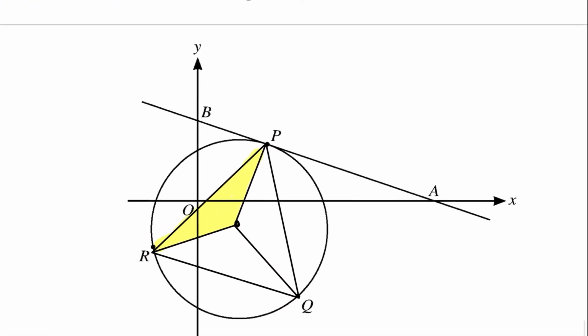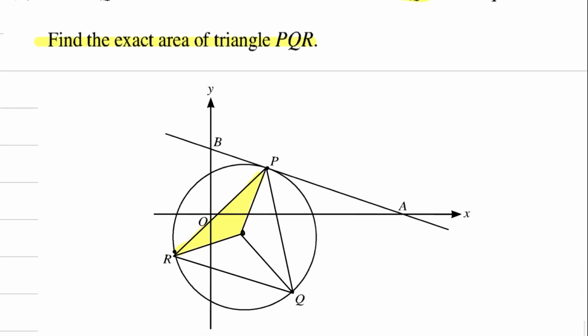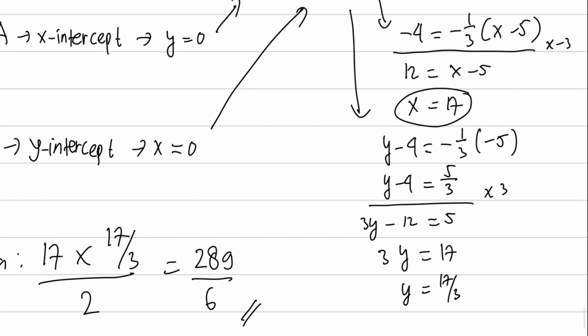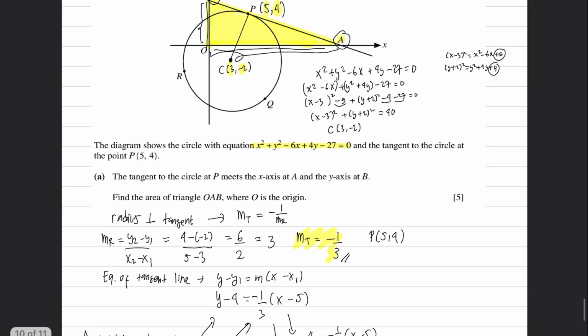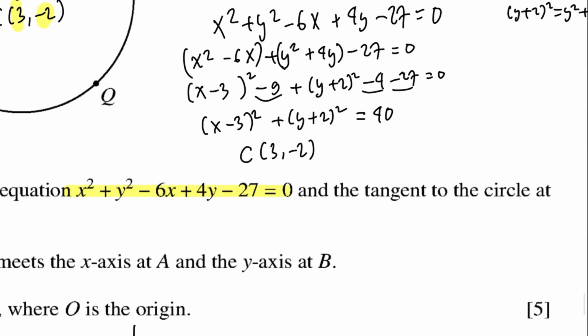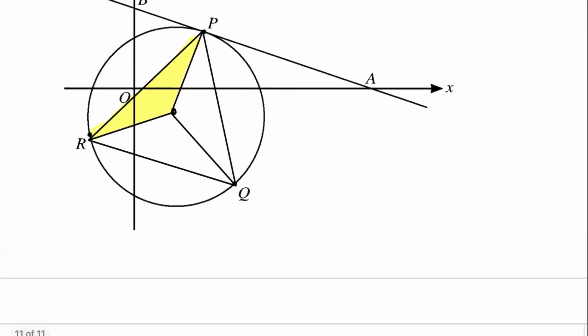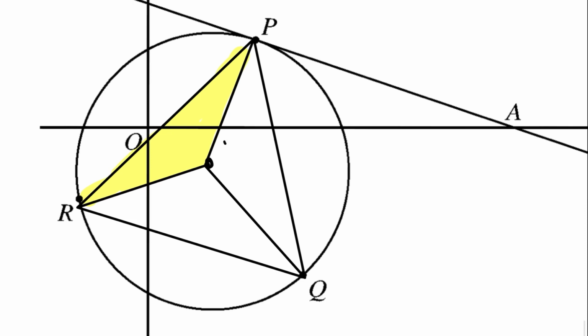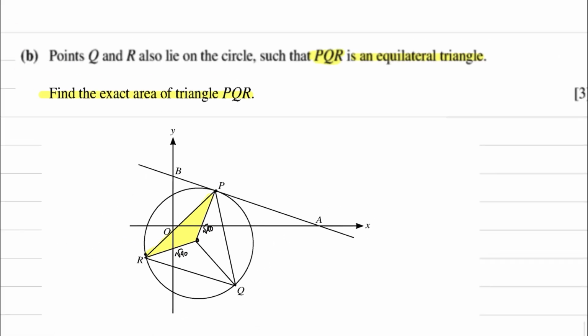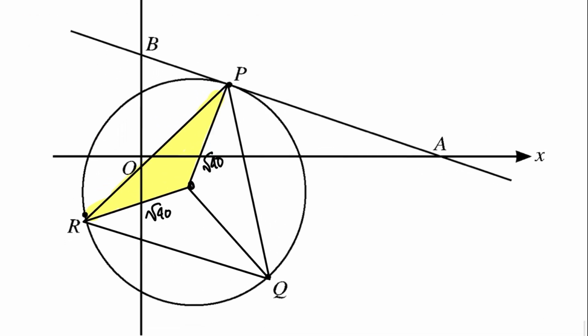So we know that the radius, let's see, the radius before is the square root of 40. This is the square root of 40. And because the triangle is an equilateral triangle, we know that the angle, this is all 60 degrees.